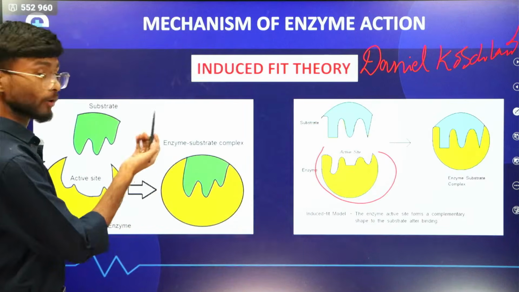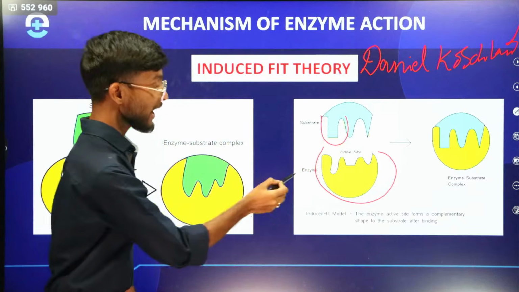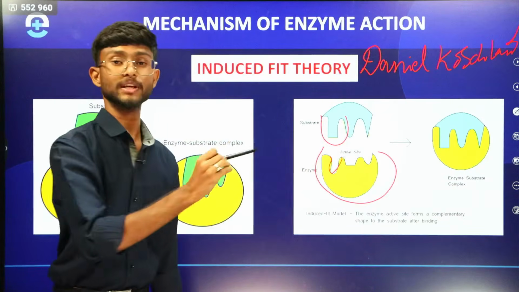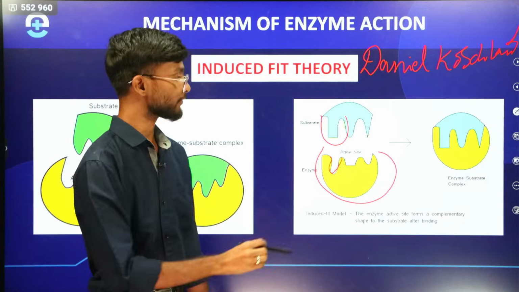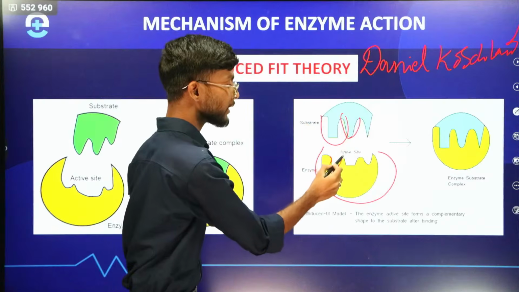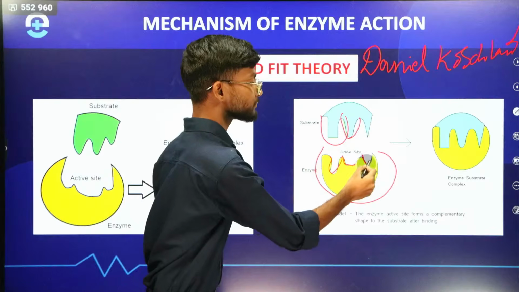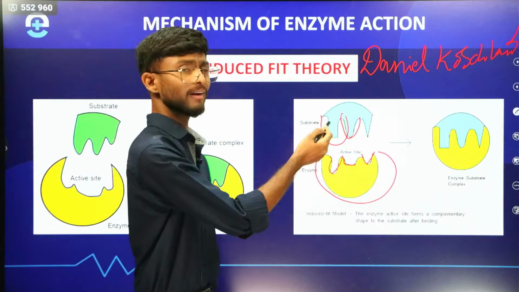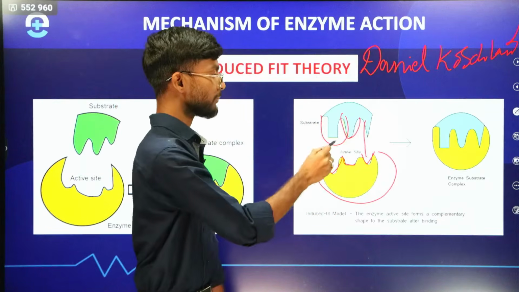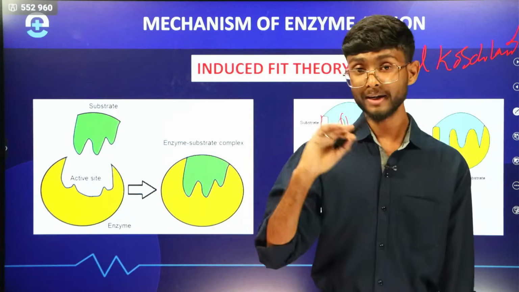You can observe here the shape of the substrate is different and the active site of the enzyme is also different. Here the substrate has a bell curve shape, but here it is slightly rectangular, and the shape of the active site is triangle. Here it can fit, but here it cannot fit according to the lock and key model.